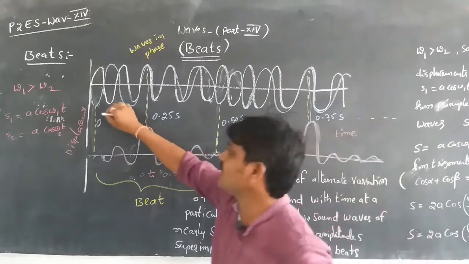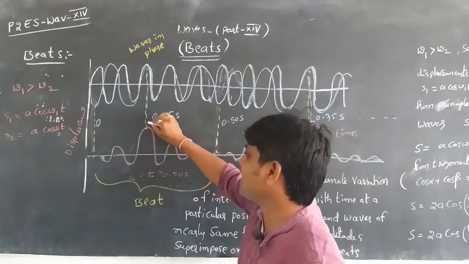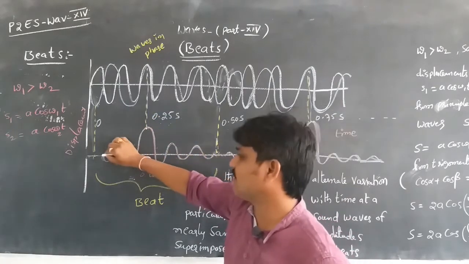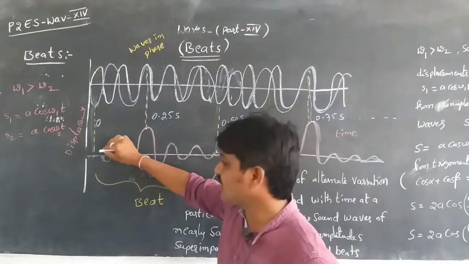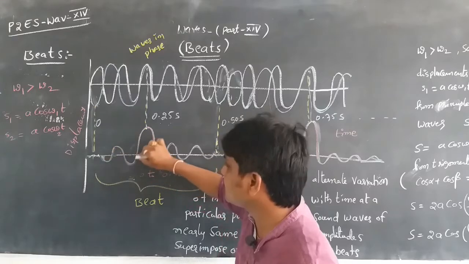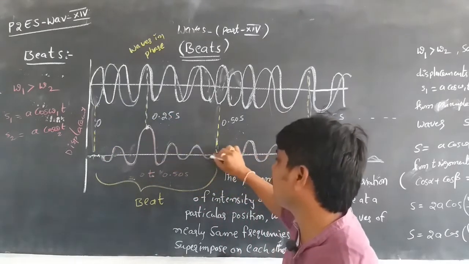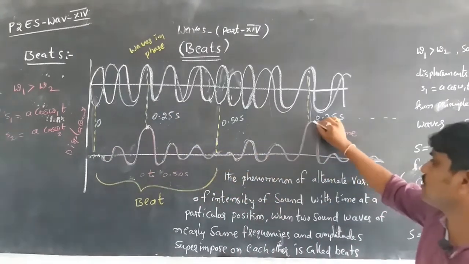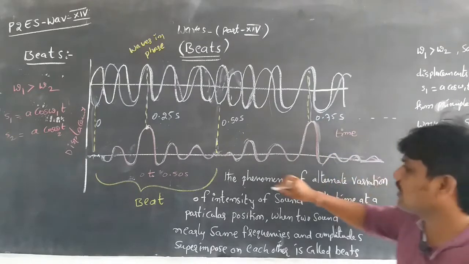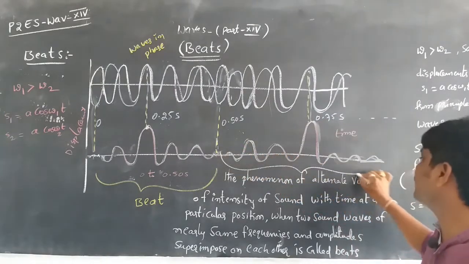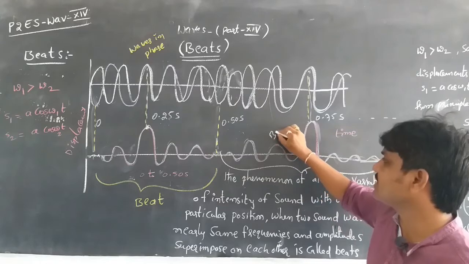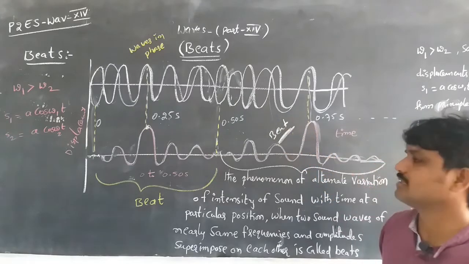Whenever the waves give the minimum sound, then the maximum sound comes, then minimum and maximum again. One completion from maximum to minimum is called one beat.